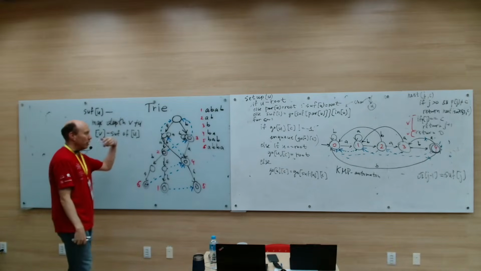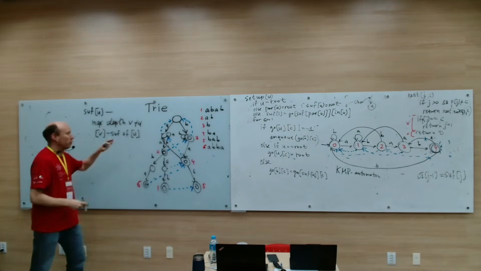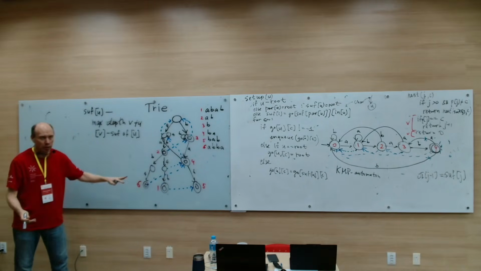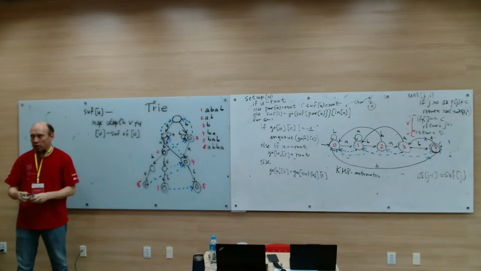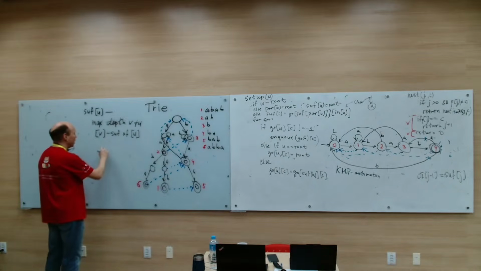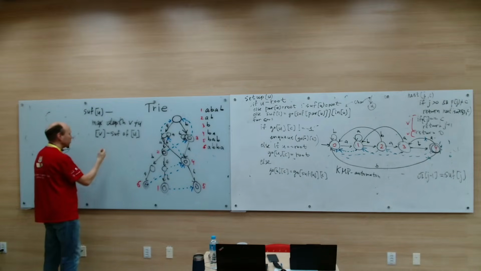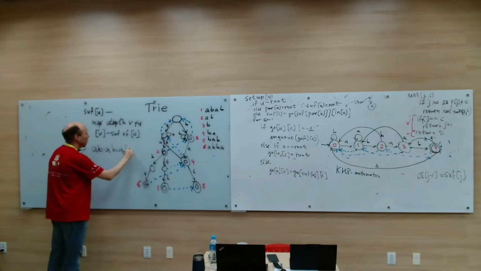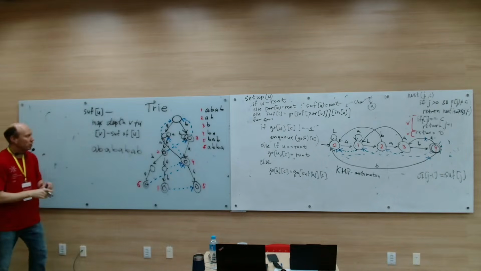Okay, so then how do we use it? Suppose that we have finished that. We will imagine that all the missing links are there. So let's take some string like A, B, A, B, A, B. Nice line. Let's start.